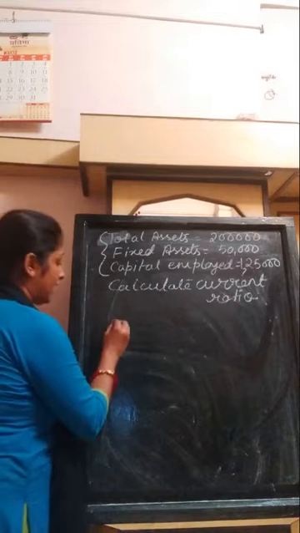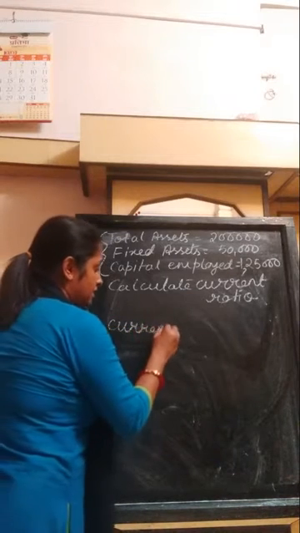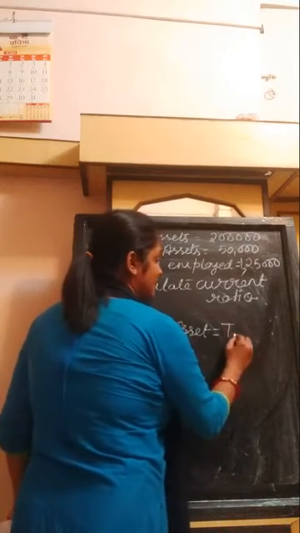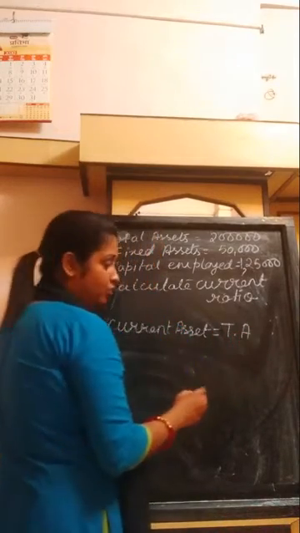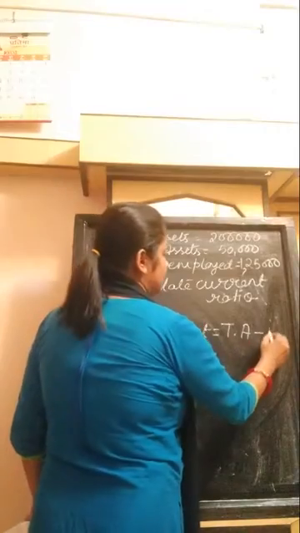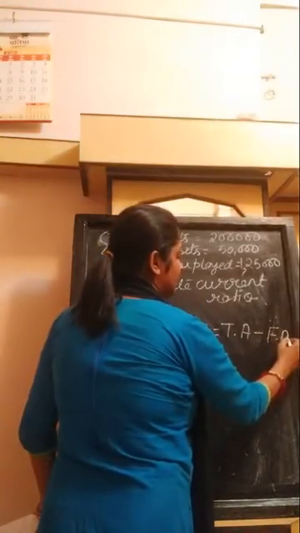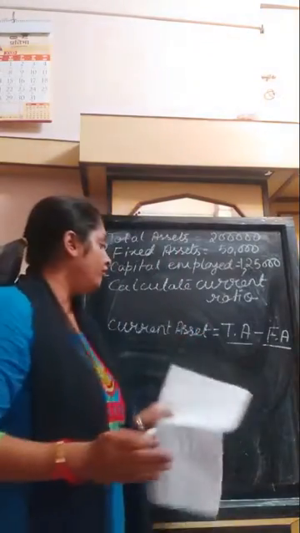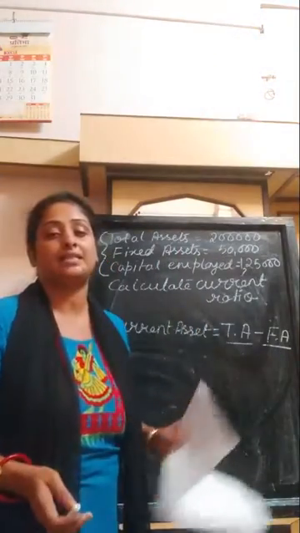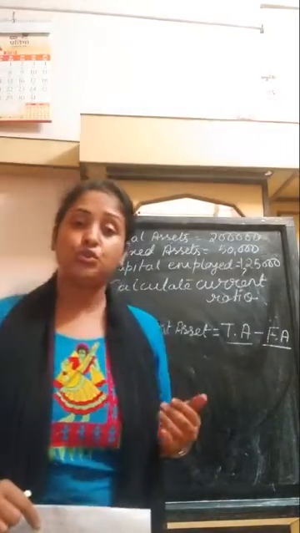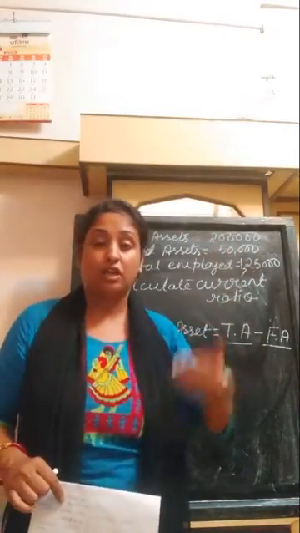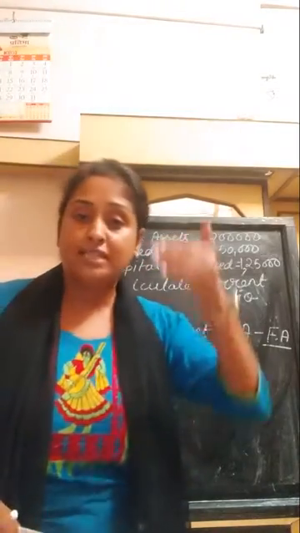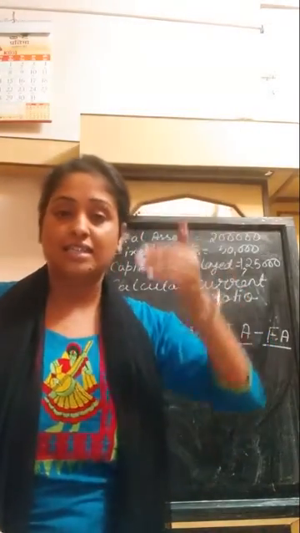Now what will you do? Current asset is nothing but the difference between total assets, TA in short form, minus fixed asset, FA. Remember the balance sheet that we used to do in class 11. In the asset side of the balance sheet, we used to take fixed asset and current asset.